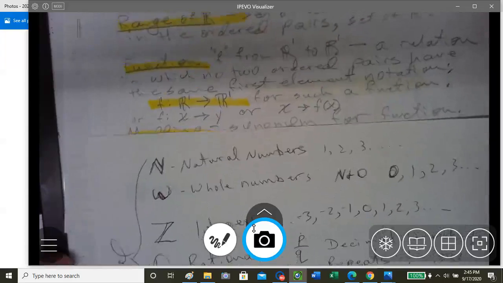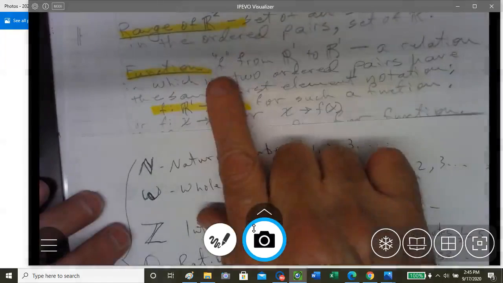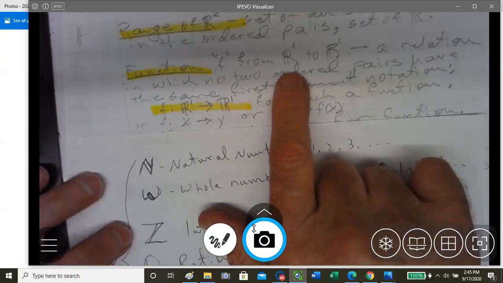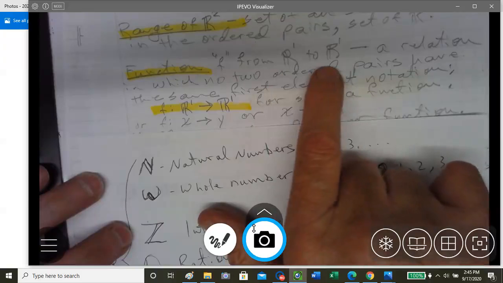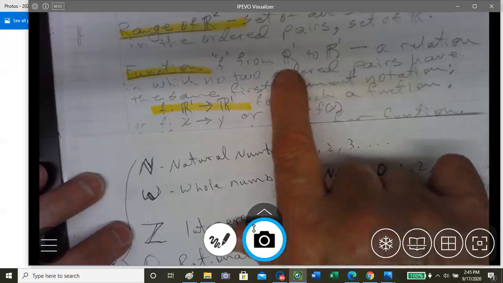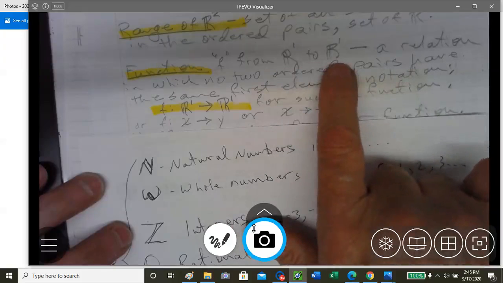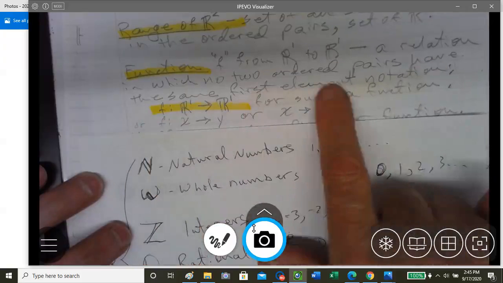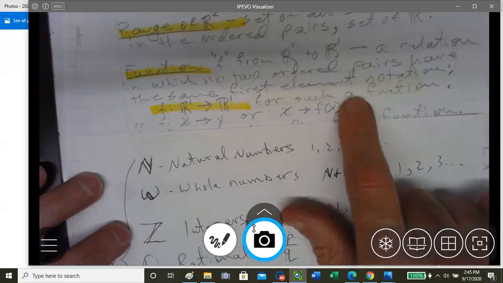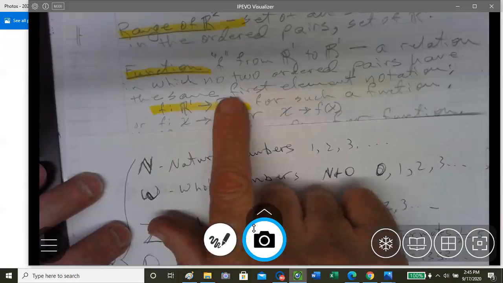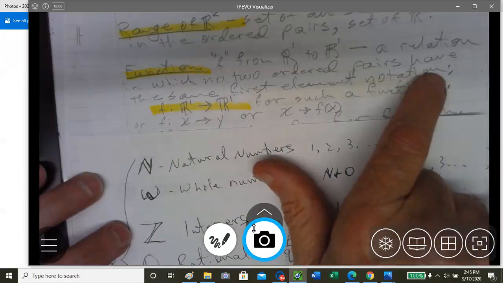A function f from R, real numbers x going in, to real numbers y going out, is a relation with no two ordered pairs having the same first element. In other words, for each x there is only one y out.